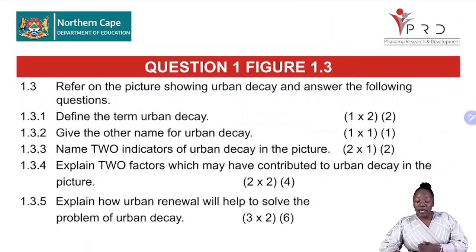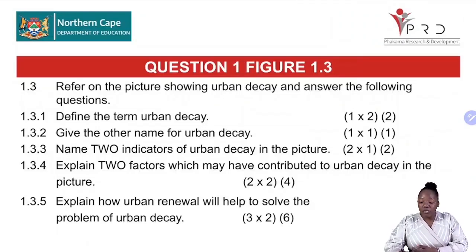So, looking at our question, we have 5 questions. The first one says define the term urban decay. Why? Because the diagram or the picture is about the urban decay. So therefore, you need to start by defining it. Again, the importance of reading the terms or concepts is so that you know their meaning.